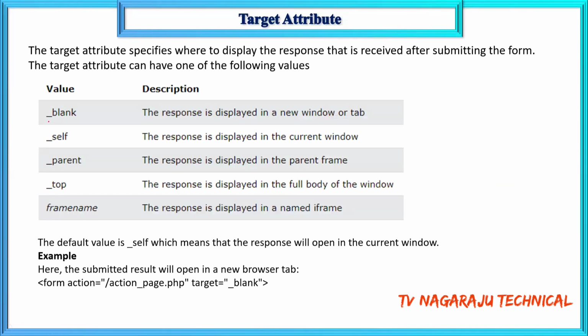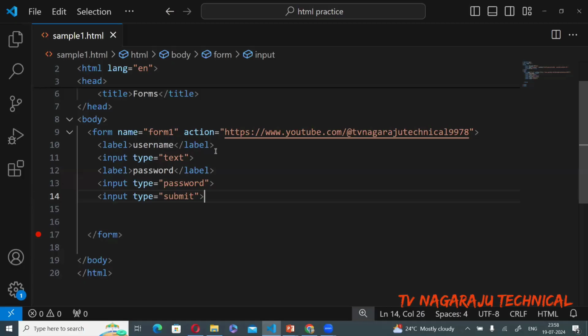If you give blank, the response moves to a new window. Self means the current window. If you are using the frame concept, it is the same frame. Top means the complete full body, that is, the complete window. Anyway, I will show you one example.